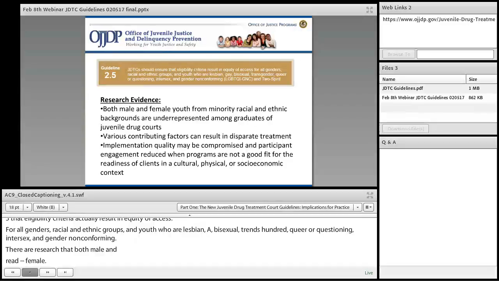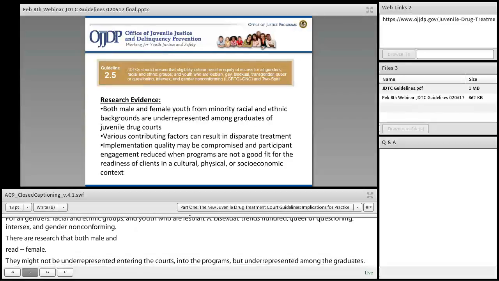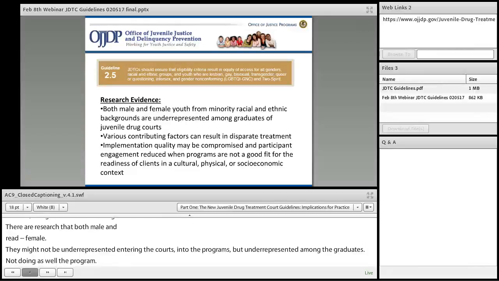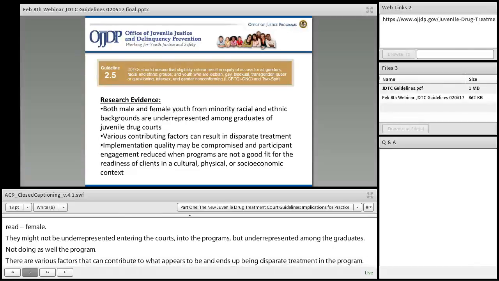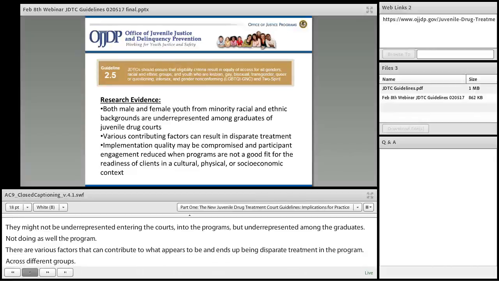And there are various factors that contribute to what ends up being disparate treatment in the programs across the different groups. The research is also clear that there may be compromises to the implementation quality and how engaged young people are when the programs are not a good fit.